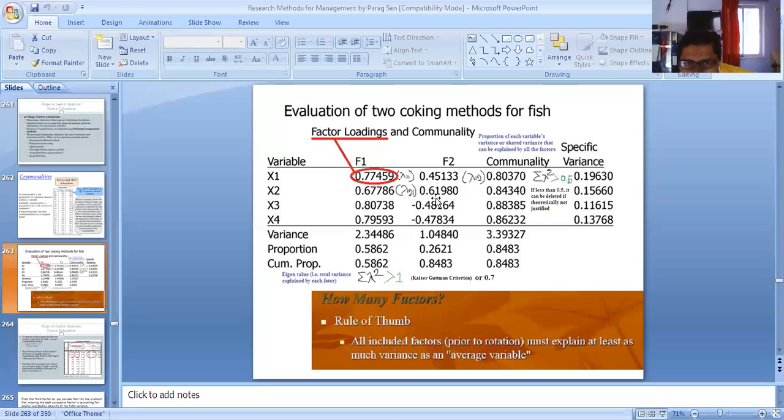F1 explains 58% variance of the variables, taking all the variables together. Okay, so this is the meaning of this eigenvalue. Okay, this is the meaning of the eigenvalue.